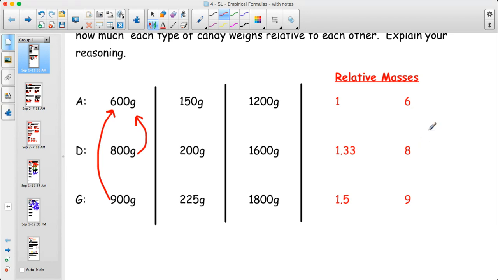So I don't really care how much the individual pieces weigh, because I'm always going to be dealing with more than one piece of candy. All I really care about is how they weigh relative to each other. And so that's what I've got here, 6, 8, and 9. And that's what we'll use going forward, as thinking of them as the mass of each type of candy. A weighs 6, D weighs 8, and G weighs 9 relative to each other.